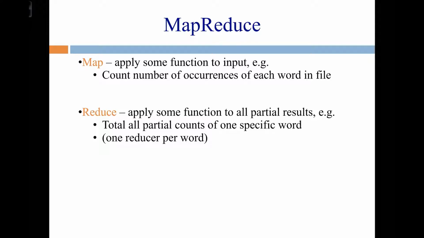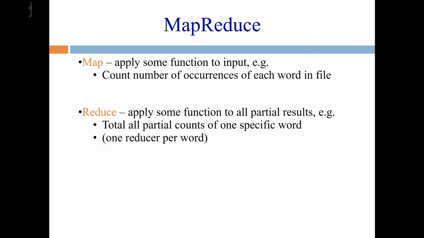So your one part of the input is a file, and you want to count the number of occurrences of every word in that file. It's like how many times does the word "the" occur in some file? And then you have tons of machines doing that for different files.